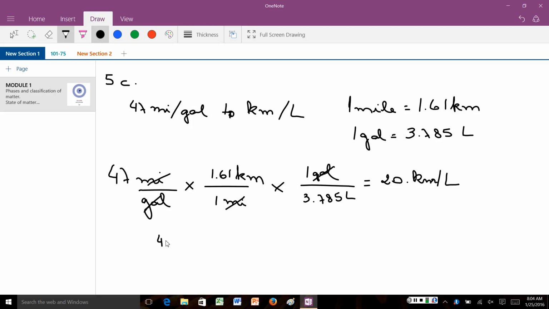So 47 times 1.61, that's what you put in your calculator. Here parentheses are not necessary, but when you divide and have more than one number, you need parentheses. Then divide by 3.785, and you should round the answer to 20.